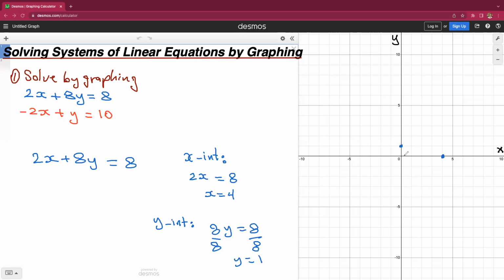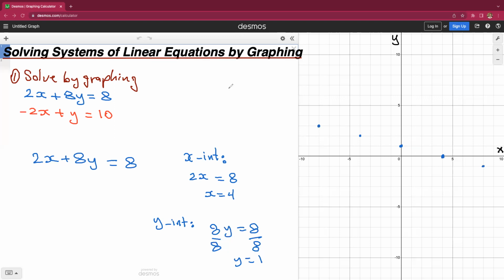Now, when you have 2 points on the graph, you could tell what your slope is, because to get from this point to this point, you're going down 1 and over 4. So what you want to do then is keep on doing that. You go down 1, over 4, to get more points for a more accurate graph. Or you could go up 1 and over 4, up 1, over 4.